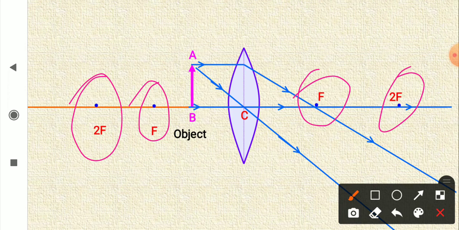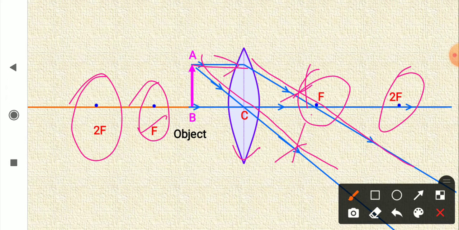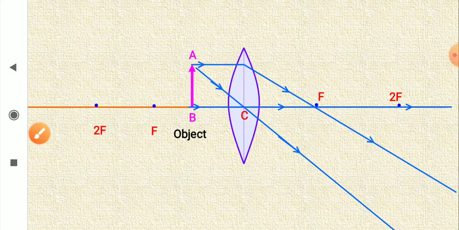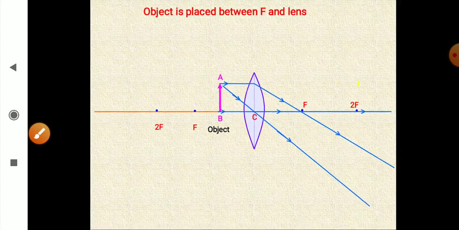The object is between focus and the lens. So you take one ray parallel to the principal axis, and by definition it has to pass through the focus. Another ray through the optic center goes without deviation, and these are diverging rays. So they cannot meet on the front side, they are not meeting here.